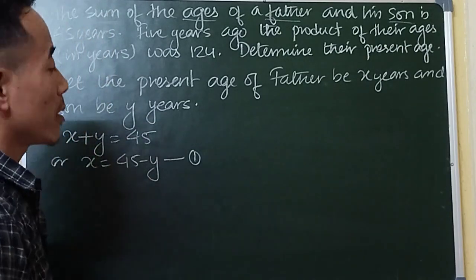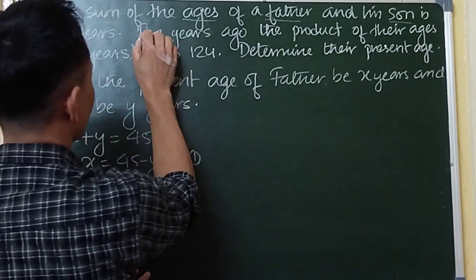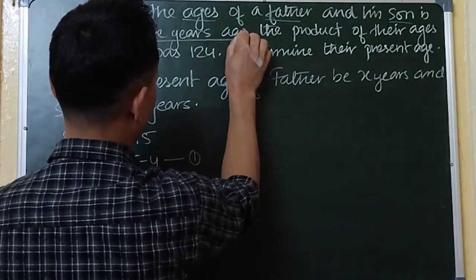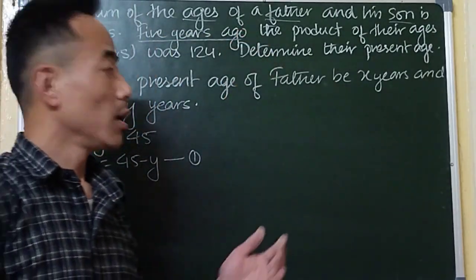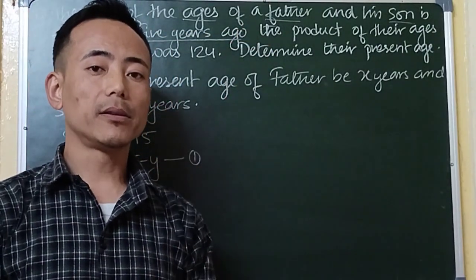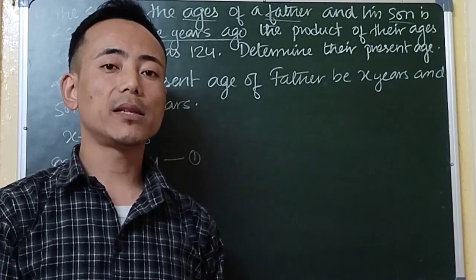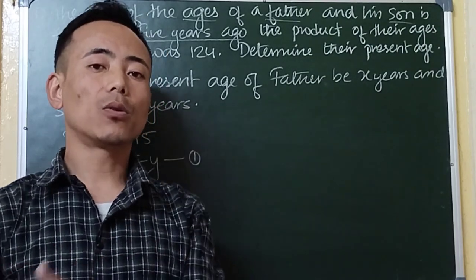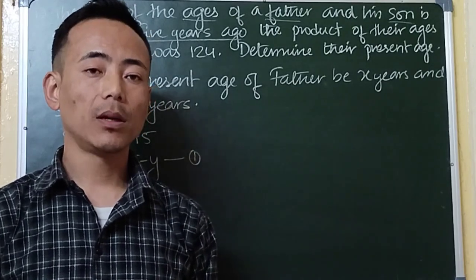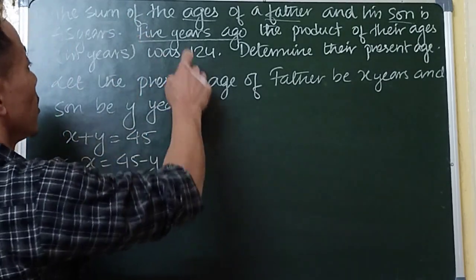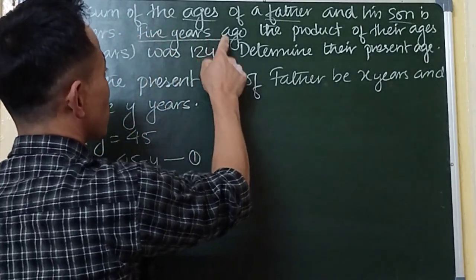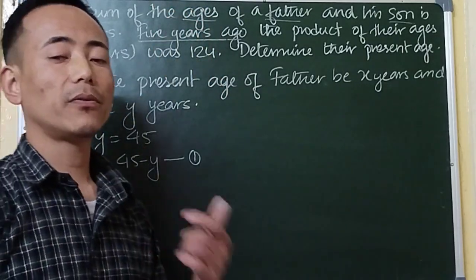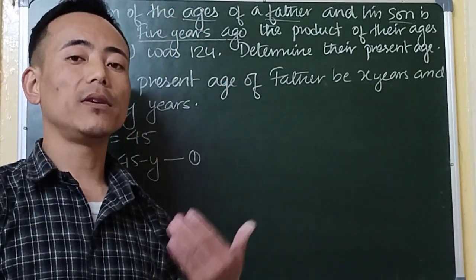Now this second part is important. It says 5 years ago. So if my age is 30 years now, what was my age 5 years ago? That means going back, 5 years ago I was 25 years. Similarly, the question says 5 years ago, which means we have to take the age of the father and his son 5 years ago.